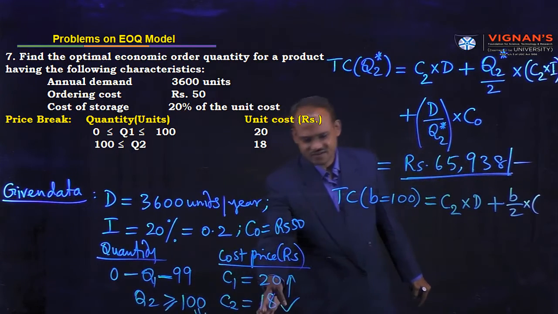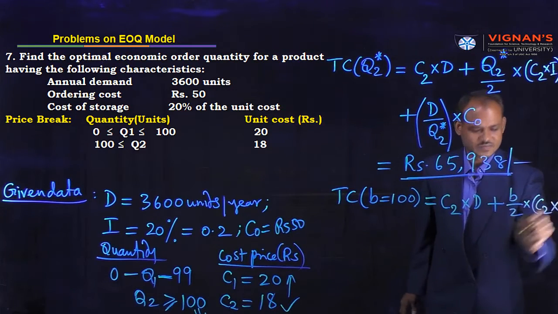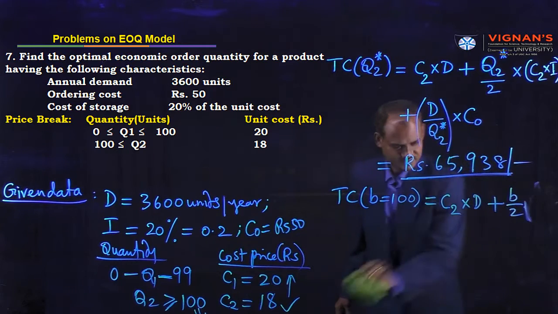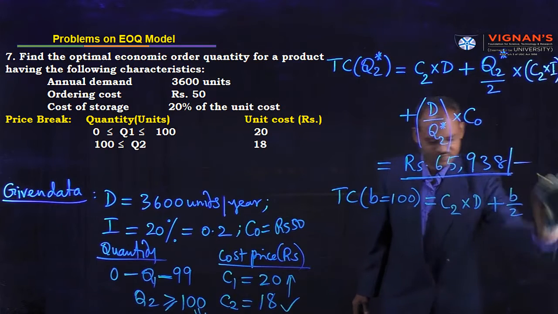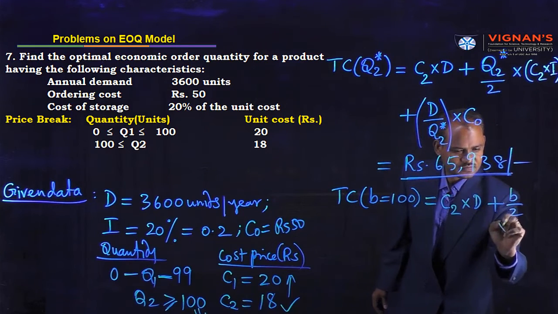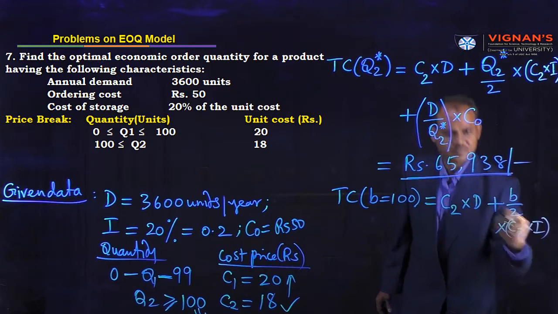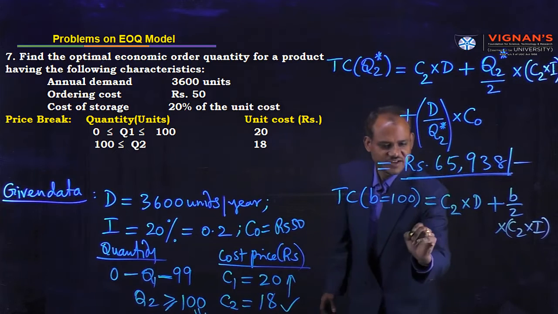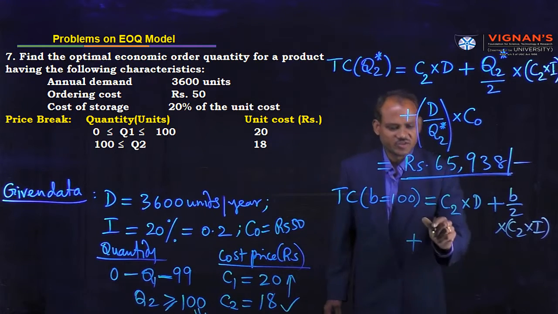This range goes to C2 into I. This is the carrying cost, total carrying cost, plus total ordering cost.